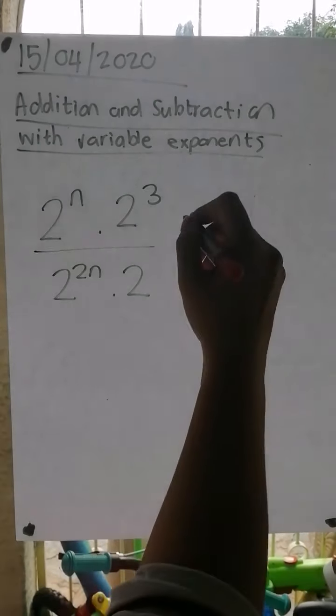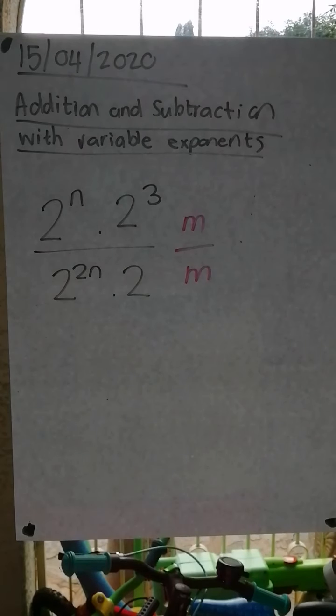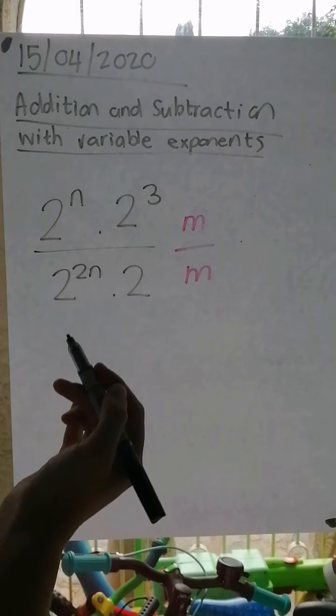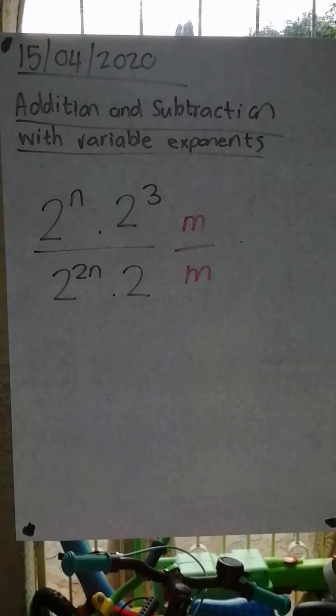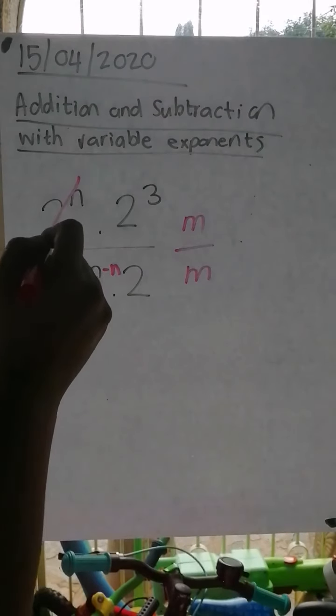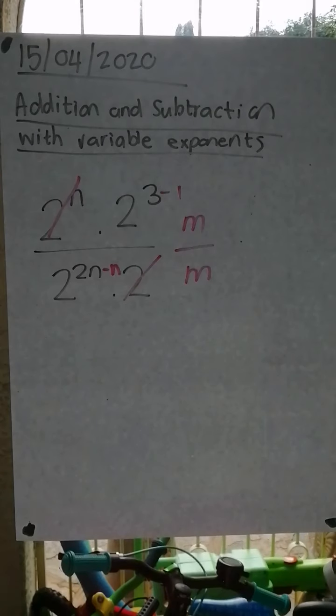I've got a monomial over a monomial, which means I can cancel immediately things that looked exactly the same. For example, if I had 2 to the power of n and 2 to the power of 2n, what would happen? I would subtract. Where would the subtraction happen? It would happen at the bottom, and I'd have minus n at the bottom, okay? And then likewise with the 3, the subtraction would happen at the top, and I could cancel.